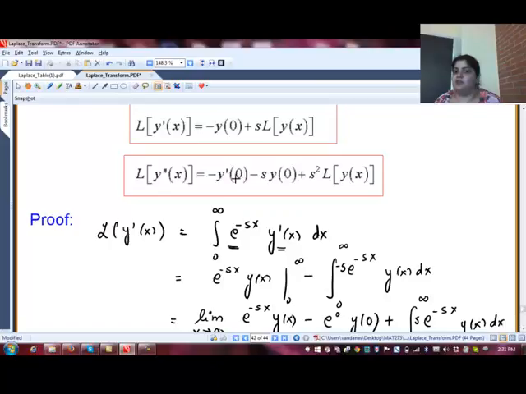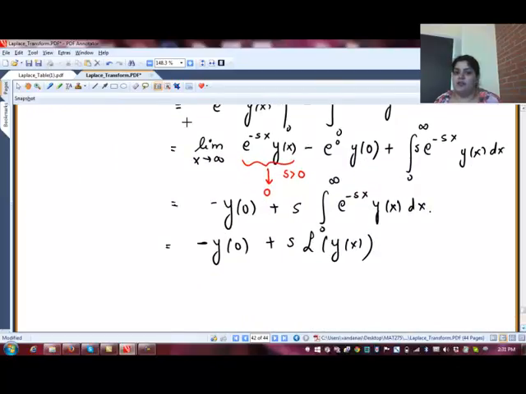Because minus y prime 0 will come because of y prime, and then you are plugging in s, which is already there, and this. So you can see it very quickly. So replace, that's a good observation, replace y, with y prime x.